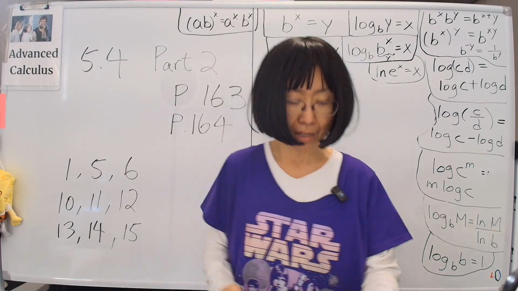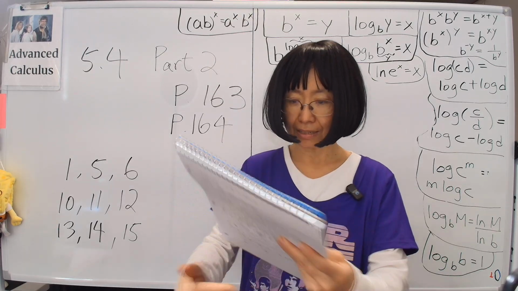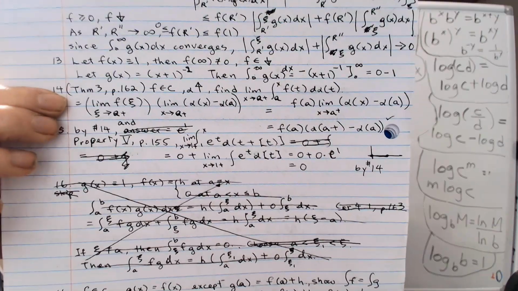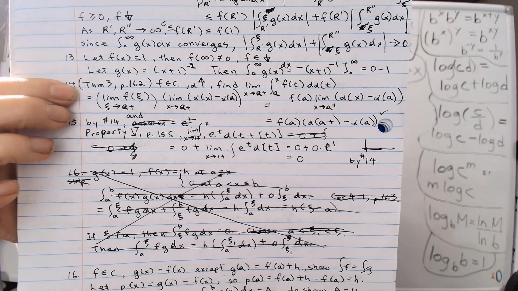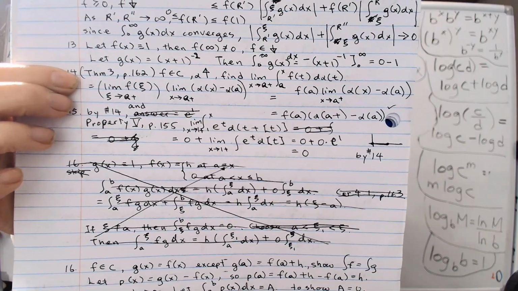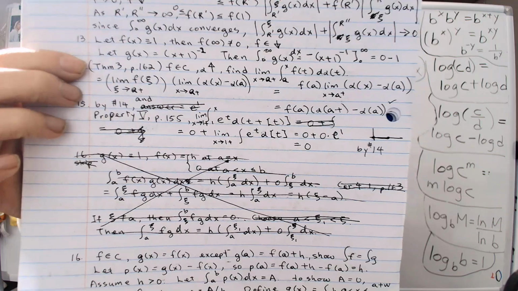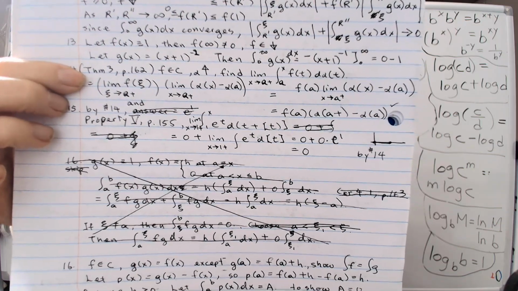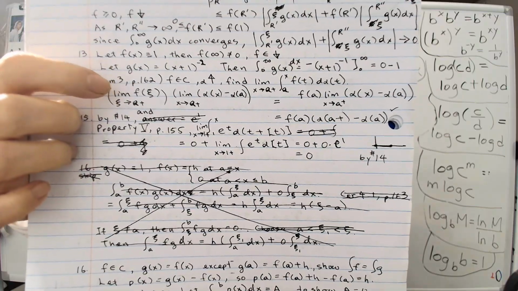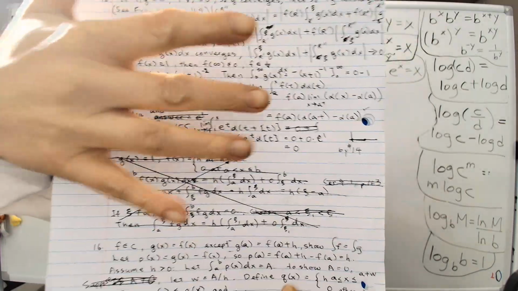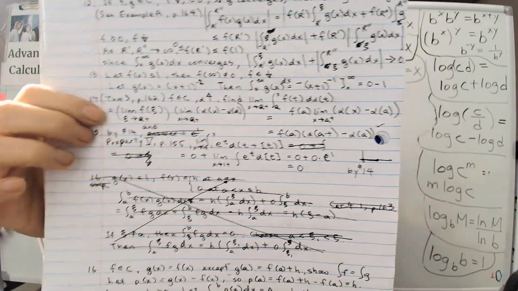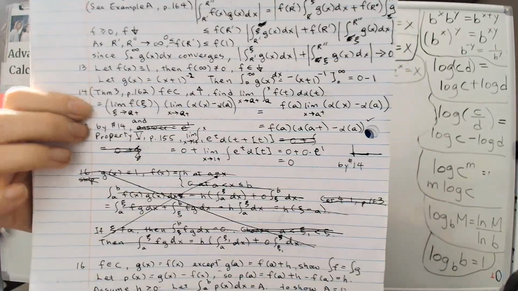Problem 14 says, if f is continuous and alpha is going up, find the limit of that thing. The limit is equal to, by theorem 3, we can yank the f out. F is continuous, so whichever is continuous can be yanked out. So we yank the f out, and it's still inside the limit. Then we break it up into two limits, because the limit of a product is the product of the limits or something like that.